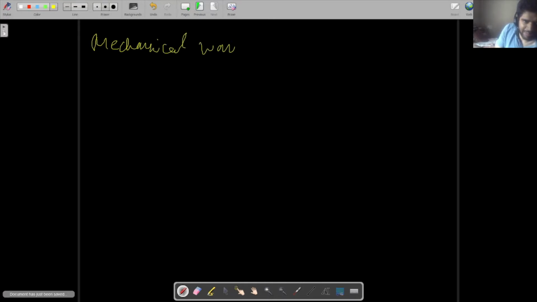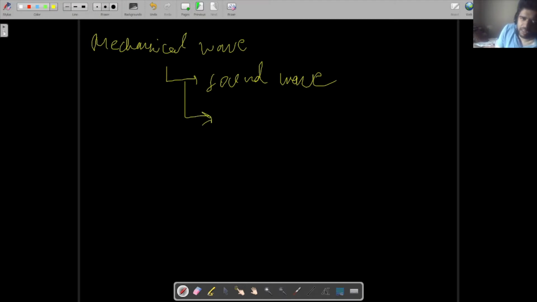The example is sound wave. Another example of mechanical wave is seismic waves.